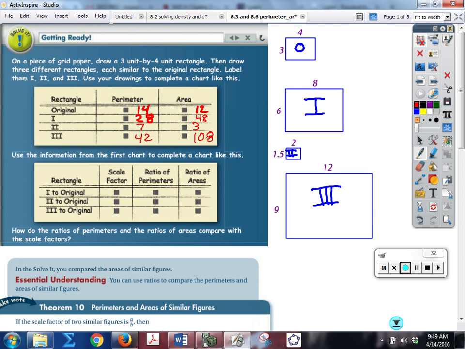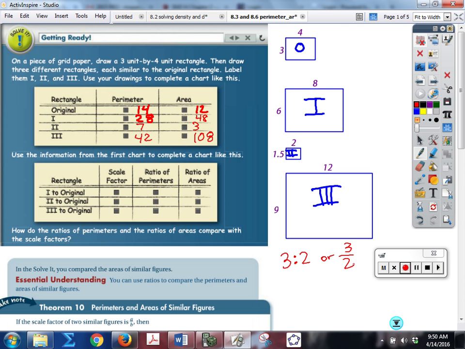Alright. So the scale factor, now you can do scale factors as either a ratio, like 3 to 2, or you could do it as a fraction, like 3 over 2. And this would be the first one to the second one. So when I say the scale factor of the first one to the original one, that means the first one goes on the left, if I'm doing it with the colon.